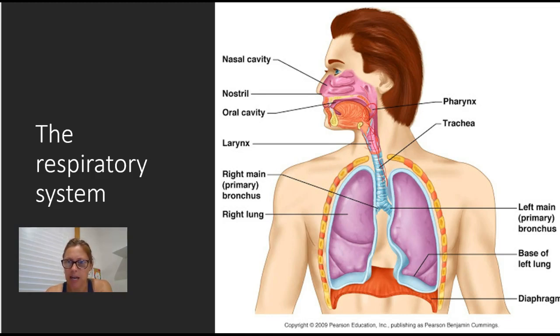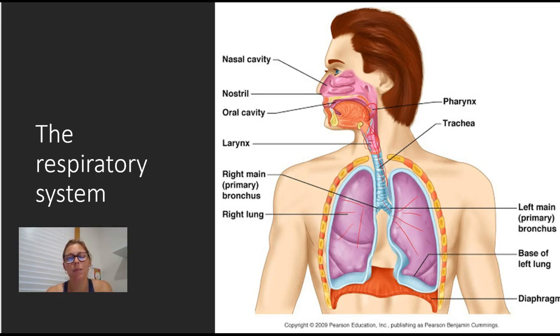This here, just before it becomes the trachea, is your larynx. So the air travels down the trachea and it comes to the bronchi. One of them is called the bronchus, so it branches into our bronchi, and then moves into smaller branches called our bronchioles.